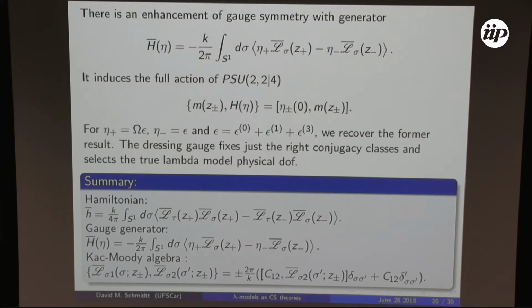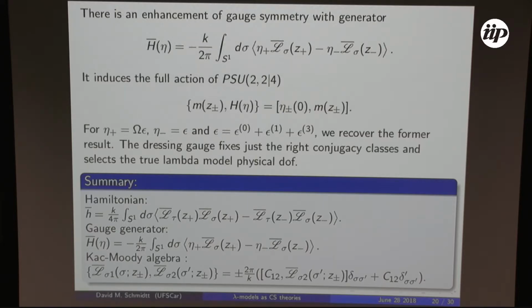But if I consider these particular forms for the gauge parameters, I recover the result of before. So in this way, I can always keep track of which gauge symmetry is associated to the lambda model and which is not, which is a result of the extension of the quantities outside the constraint surface.